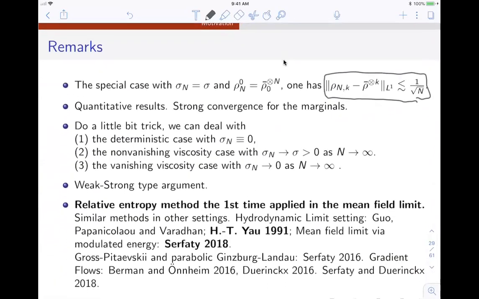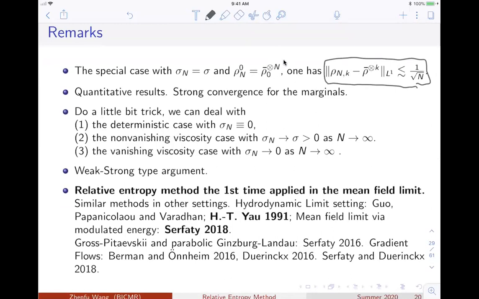This method can treat a lot of examples. For instance, you can treat a purely deterministic system, or some vanishing viscosity case, or non-vanishing viscosity case. You can see our paper for more details, but let's just focus on a very specific example. This is a relative entropy method, with a similar idea.